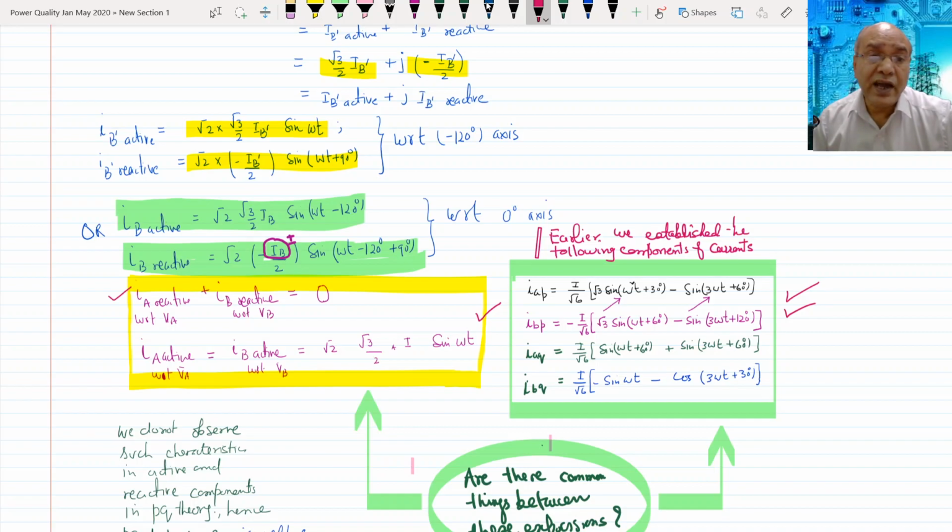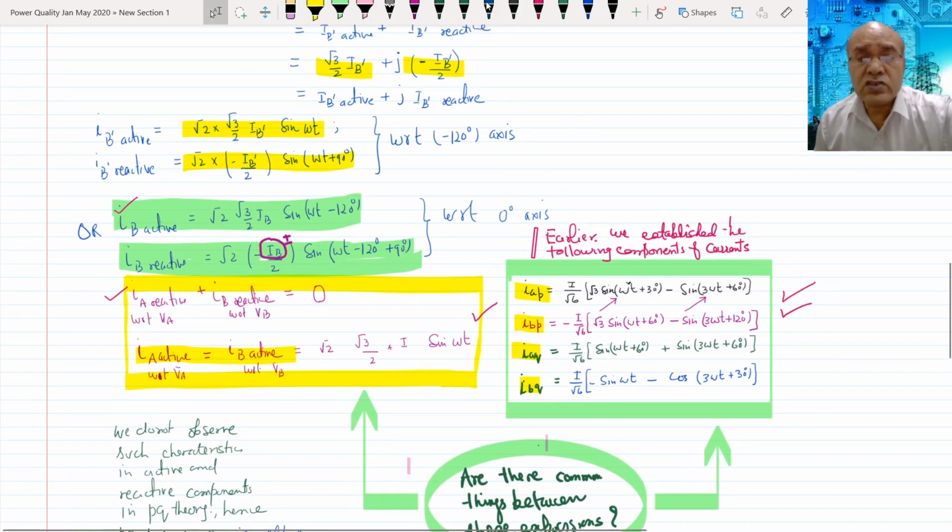Like here, IA active and IB active are same in this particular case, but here this is not true. This condition is saying that the IB active and IA active are same, but this condition is telling they are not same, they are different. Also, the sum of IA reactive and IB reactive equals 0, but here if we sum them, they are not equal to 0.